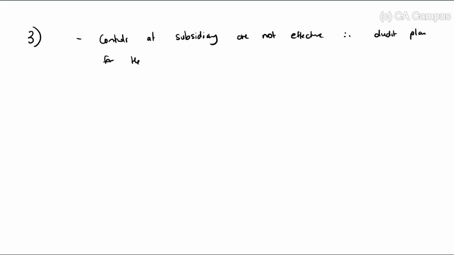What is going to be the impact on the further audit procedures required in relation to the consolidated financial statements? So I'm in question 3, and I'm going to state, controls at the subsidiary are not effective. Therefore, the audit plan for the component auditors should be adjusted as follows.